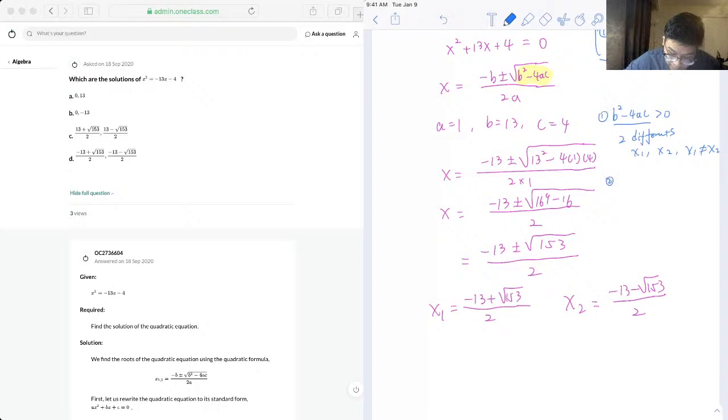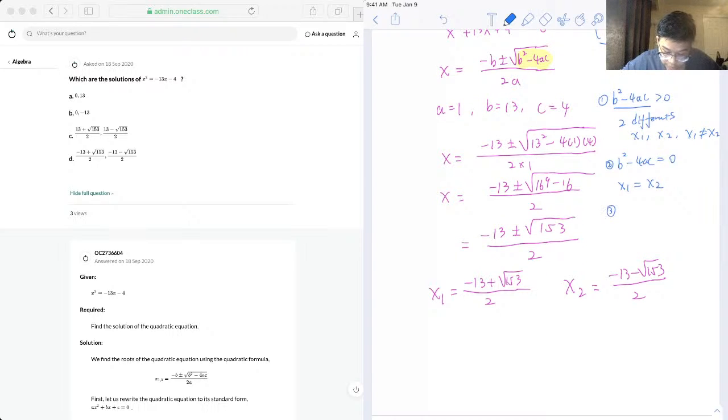If b squared minus 4ac is equal to 0, we're still going to get a result, but this time x1 is equal to x2, so they are the same roots.